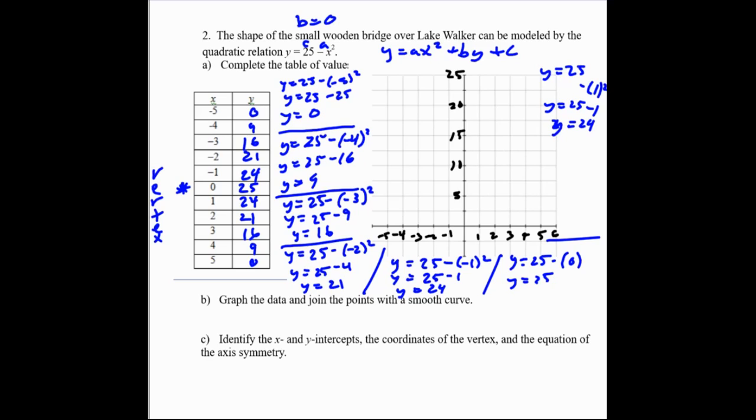All right, so we got a lot of blue out there. Let's get maybe a different color. Okay, so let's just start. What I do is check them off as I go through. So at x equals 0... at -4, 9.